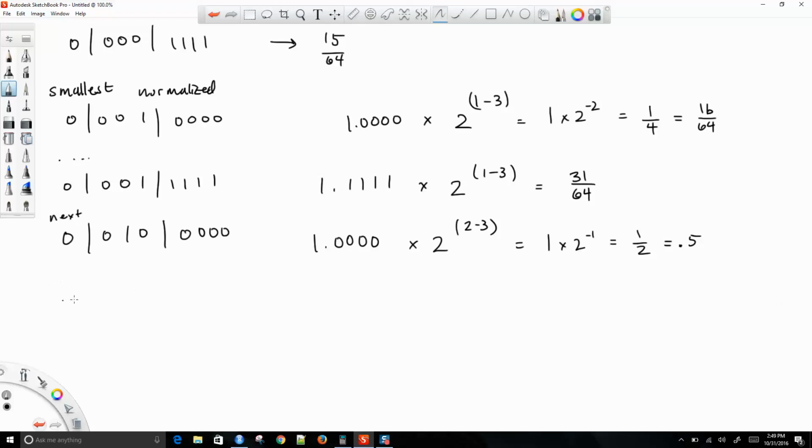And something interesting happens next, okay? What is the next number in our sequence? We would keep our exponent, 0, 1, 0, and then the next value here would be 0, 0, 0, 1. So this becomes 1.0000 times 2 to the 2 minus 3. Whoops, no, this is a 1 at the end.